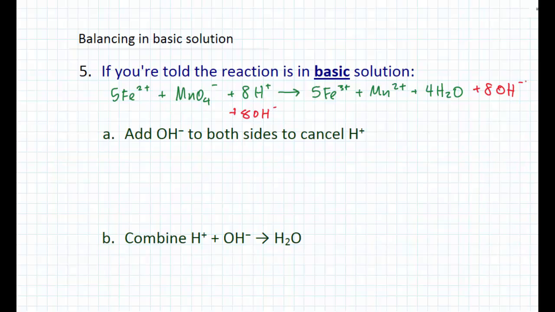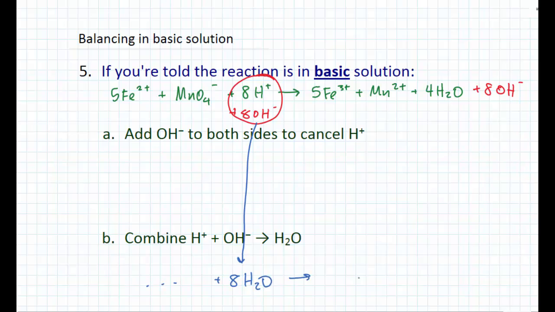So what does that mean we're going to have? Right here, going to have 8 waters on that side. And all these other things, we had 4 waters and 8 OH minus over here.